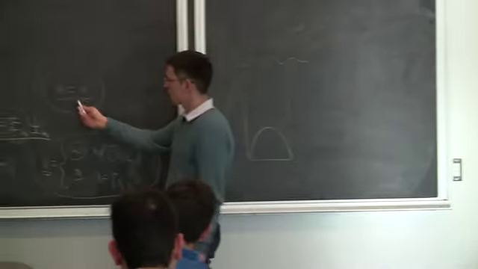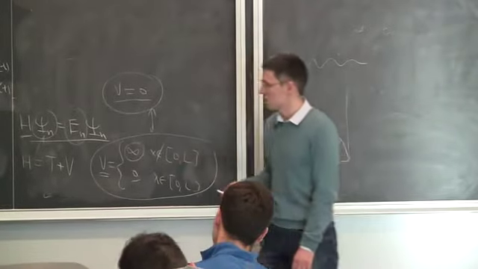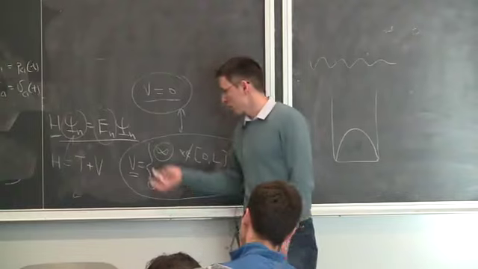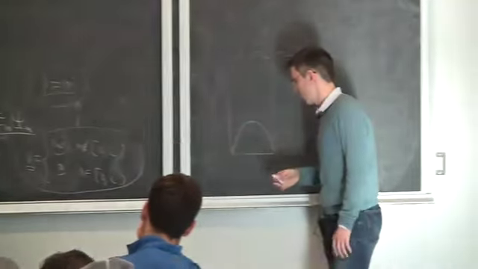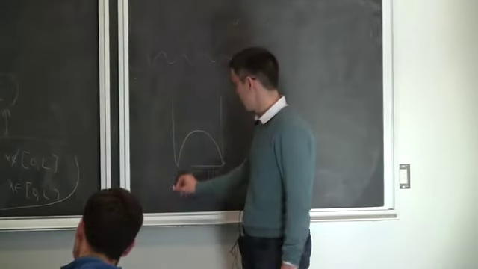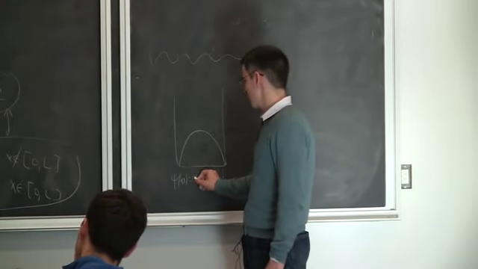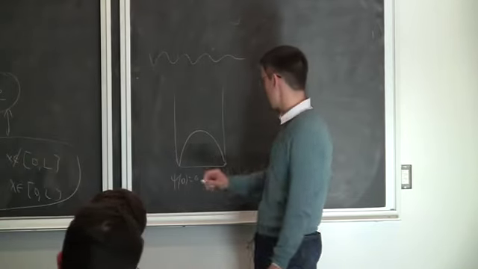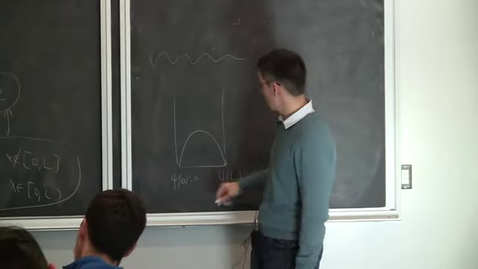So this doesn't restrict us. This one restricts us, but it doesn't provide any potential in the region where we look for the function, right? It only sets that the function at 0 must be 0, and the function at L, at the boundary, also should be 0. In between, it can be anything.